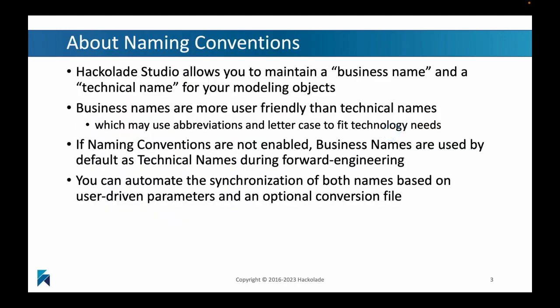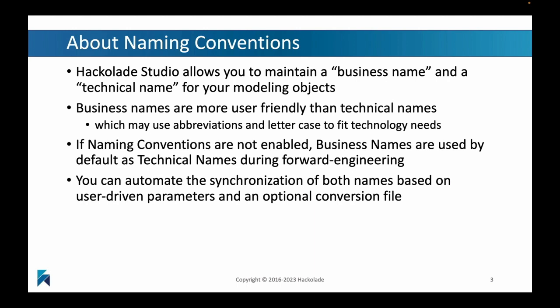Naming conventions, this is something that we have had in our product for quite some time. It's the functionality where you can maintain both a business name and a technical name for your modeling objects. Right? This is obviously the case because these business names allow you to have a much more user-friendly and understandable explanation of what it is that we're actually modeling, what it is that we actually mean with the data that we are trying to represent in our data models.